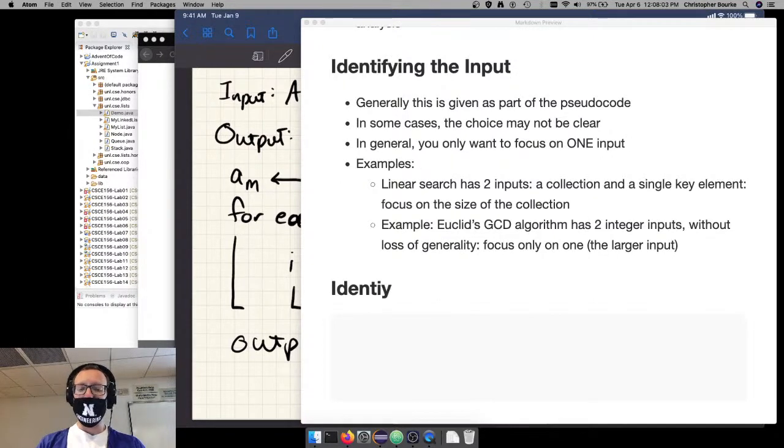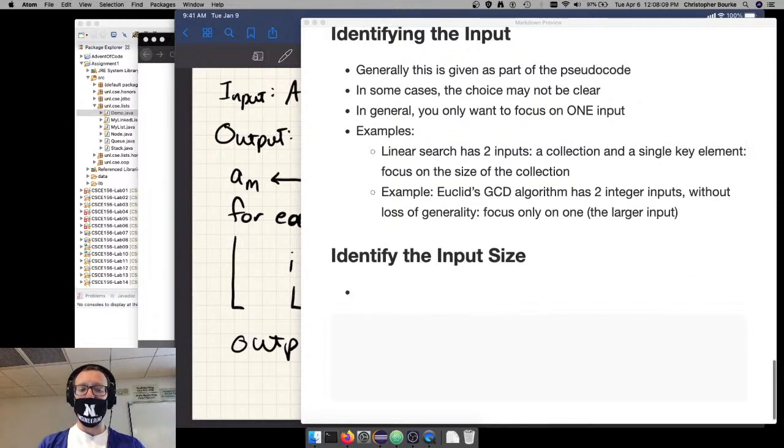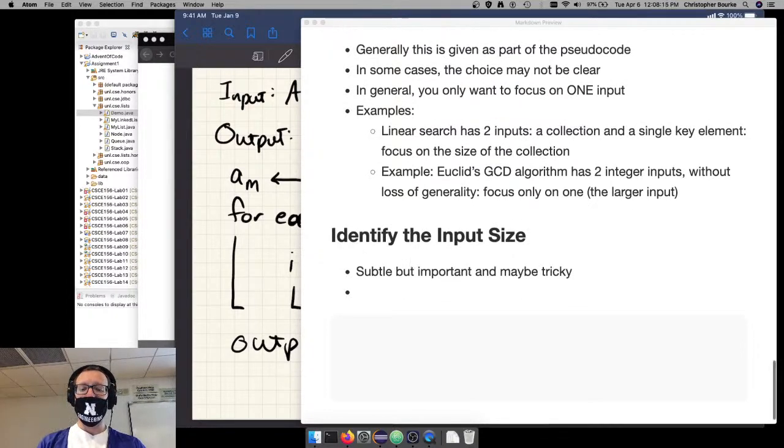You identify the input size as step 2. It's subtle, but important, and maybe tricky. So for example, if your input is a collection, then the size is the number of elements in that collection.